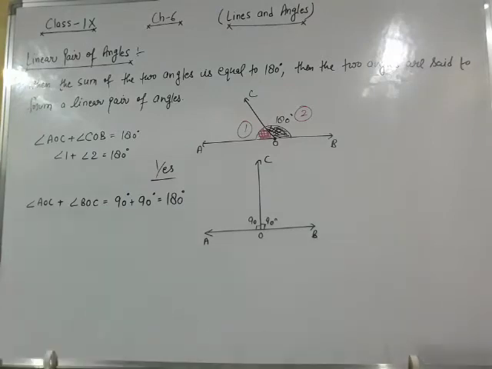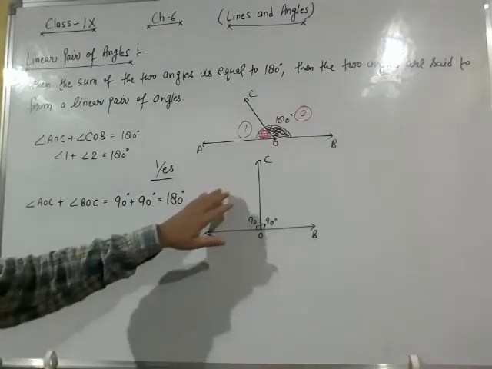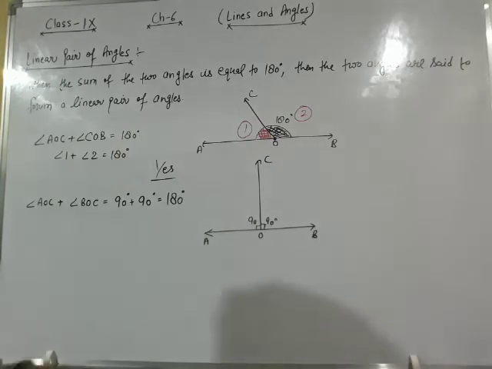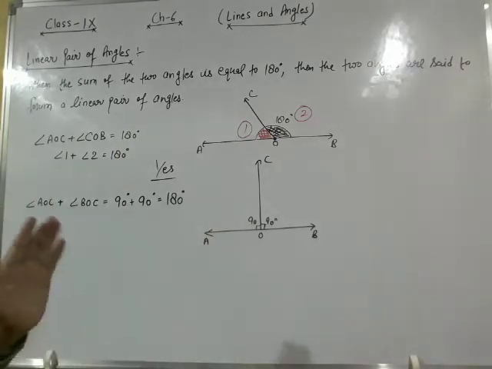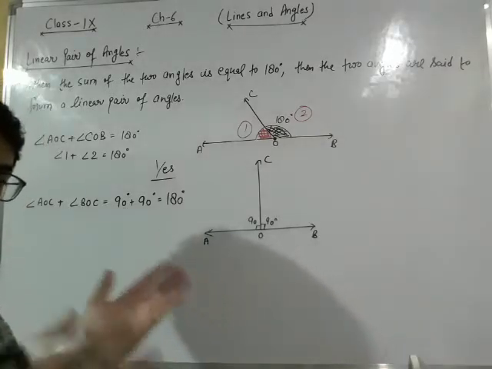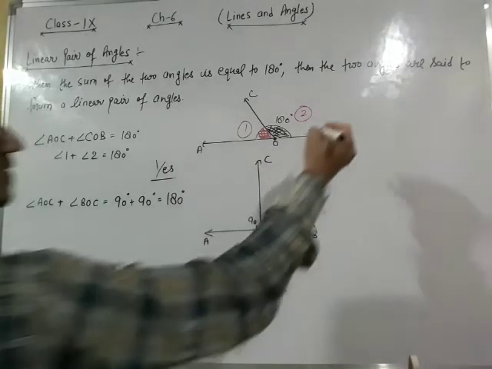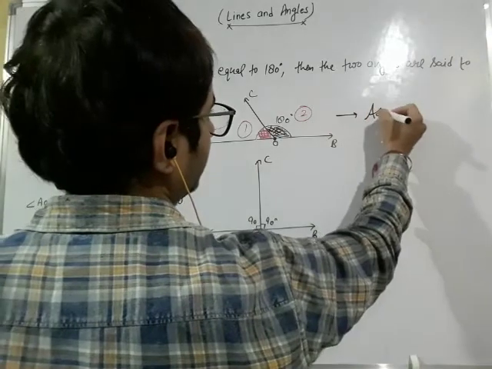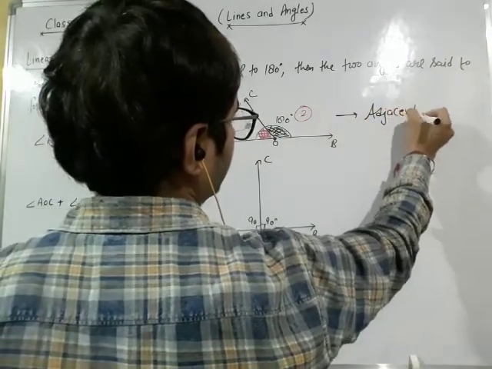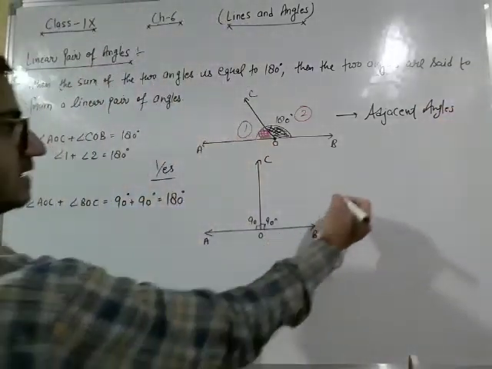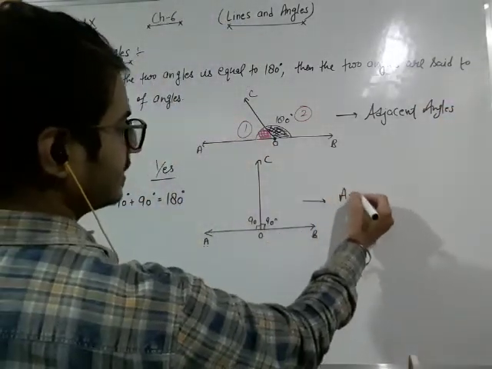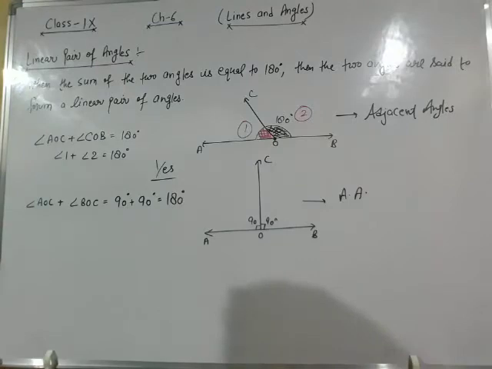So it is also clear from this diagram that if we have a linear pair of angles, then that will definitely follow the concept of adjacent angles. In short, I am writing AA.